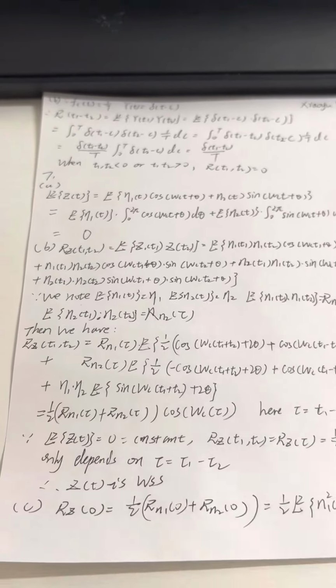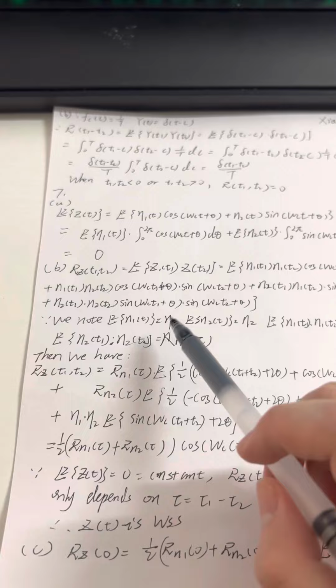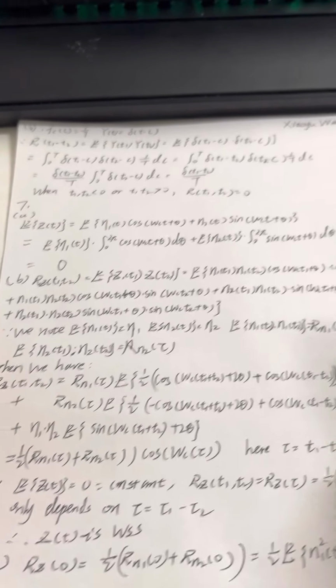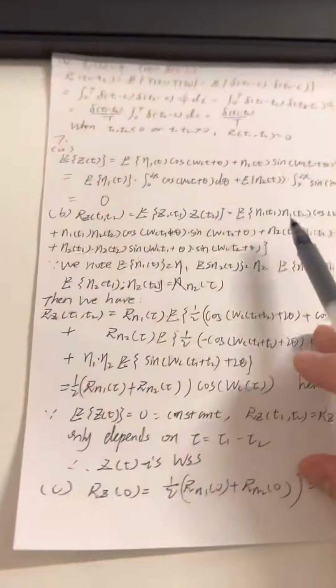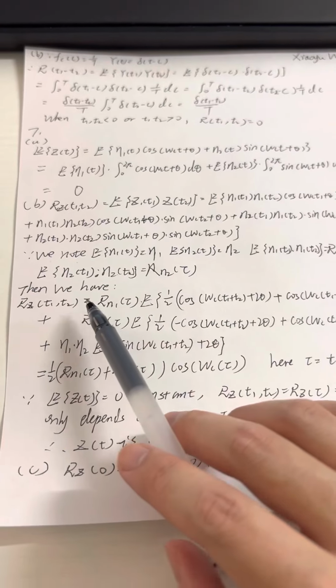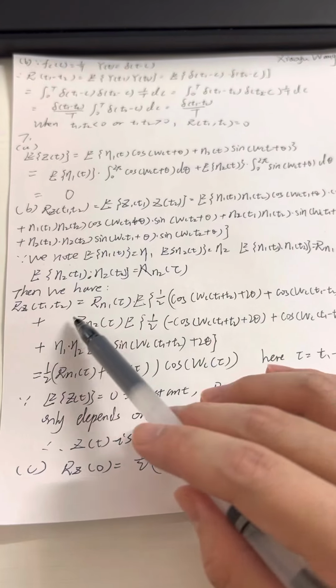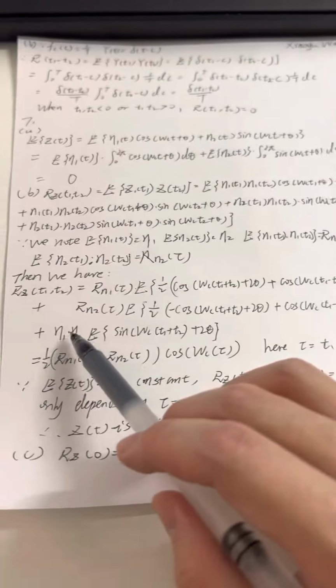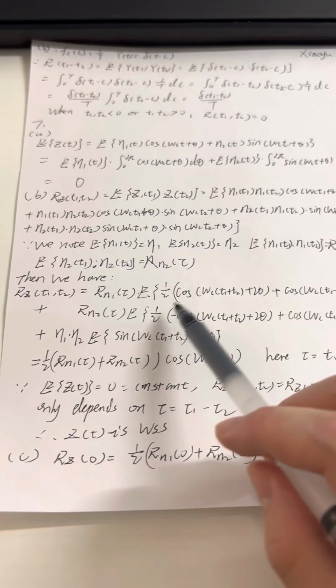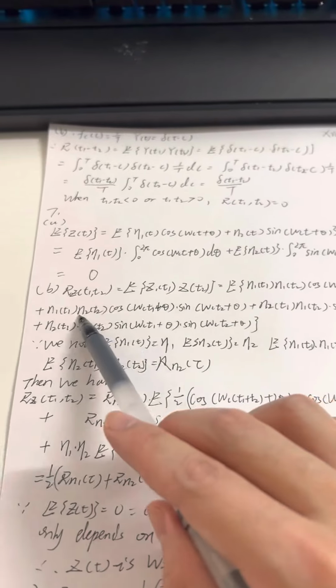And we can use the property that N1, N2, and theta are independent, so we can write this like this.